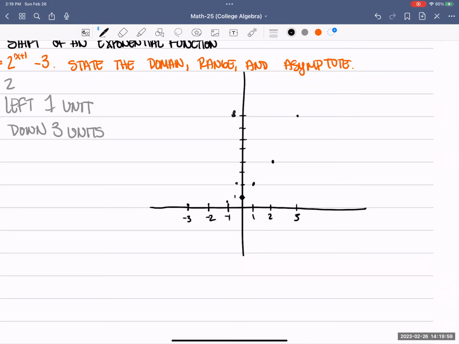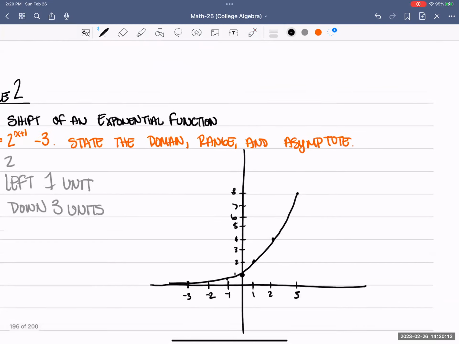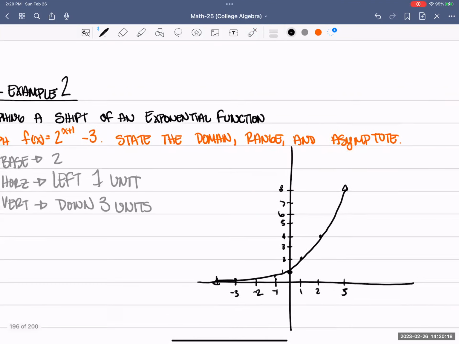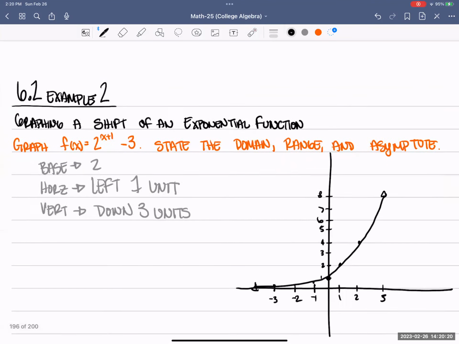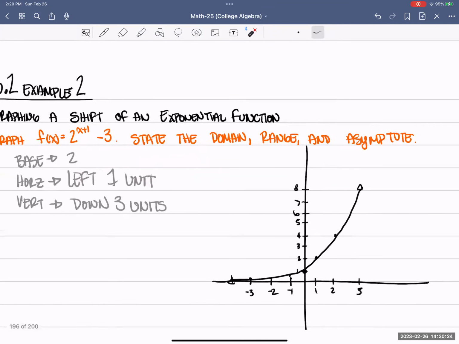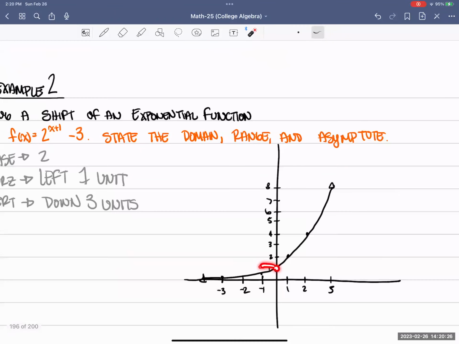So this here is what we're comparing our graph to. Now our graph here is being shifted left 1 unit. So all of these values are going to the left 1.